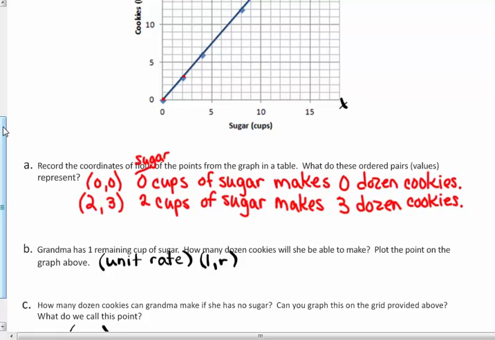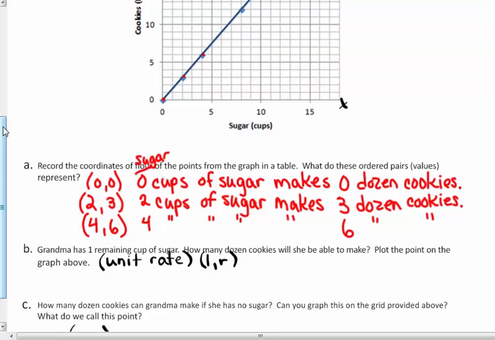The next point on the graph, over 4 and up to 6. So 4, 6, the coordinate pair, means 4, now I'm going to shortcut here, cups of sugar makes 6 dozen cookies.